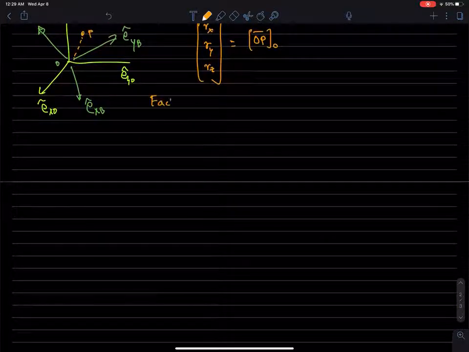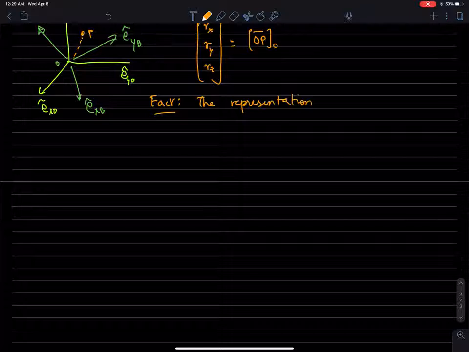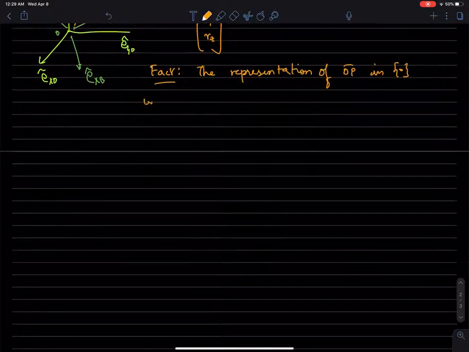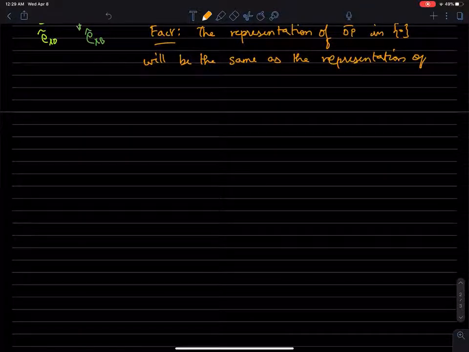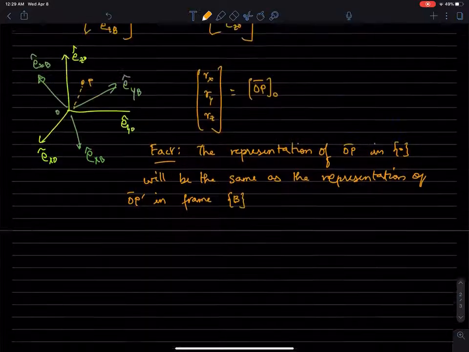Fact: the representation of OP in frame 0 will be the same as the representation of OP dash in frame B. Okay, you can think about it.